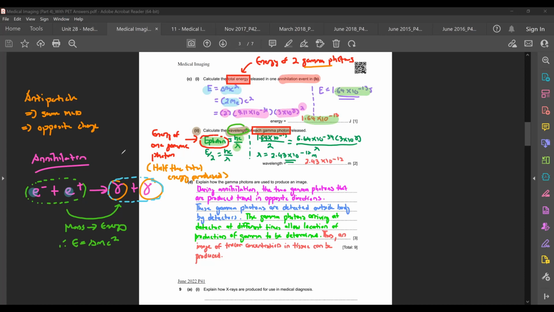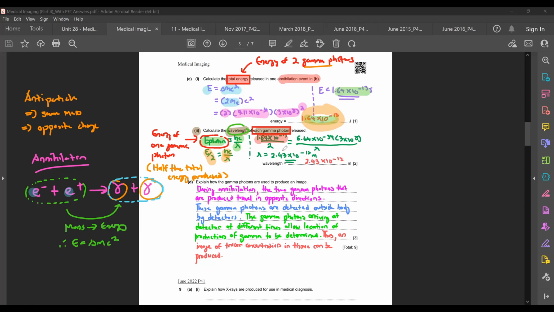So if you continue with the working, the energy of your photon is E divided by 2. You take the total energy that you got from the previous part and halve it. That will be the energy of 1 gamma photon only. So that equates to hc over lambda. Then you just substitute in your values.